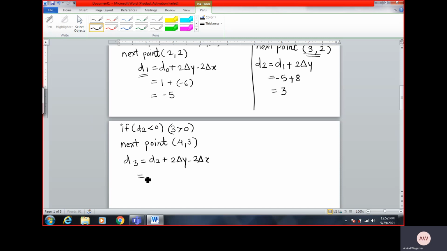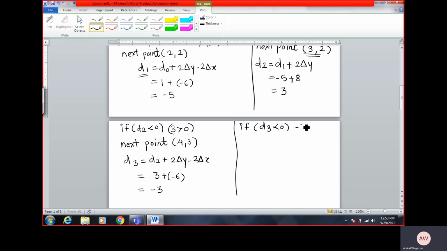What is the value of d2? It was 3, plus the value of 2 delta y minus 2 delta x, which is minus 6. So 3 minus 6, you get minus 3. I'll write the next step here. Again you have to repeat the same: check whether d is less than or greater than 0.